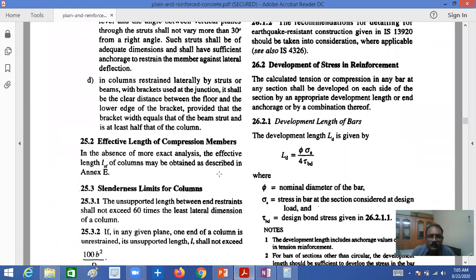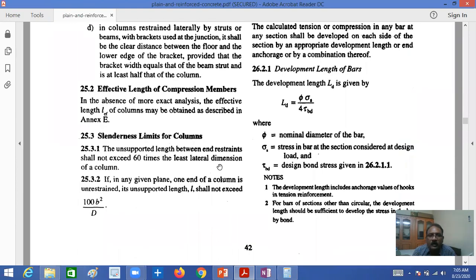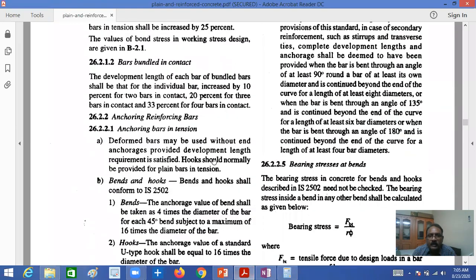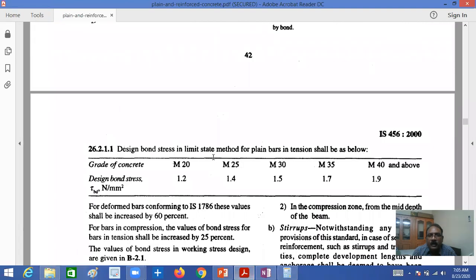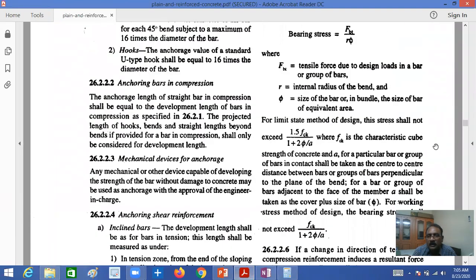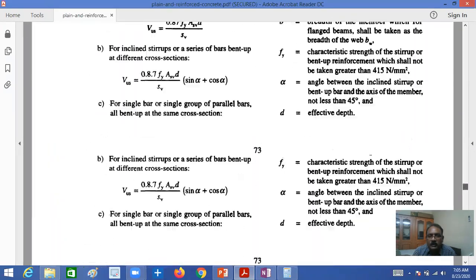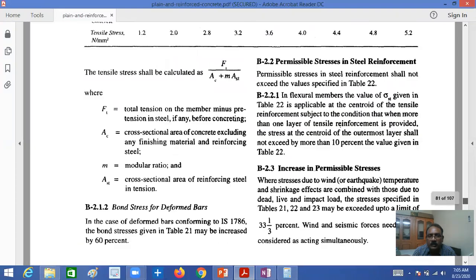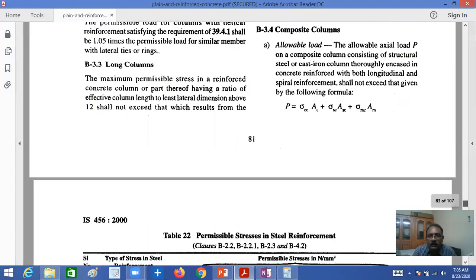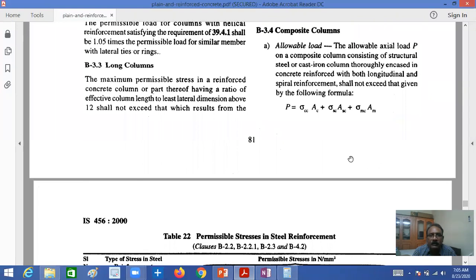The effective length of the compression member, LEF, of columns may be obtained as described in Annexure E of this IS 456. We will see what that is. Always you should use this IS 456 so that you will understand in a better way.